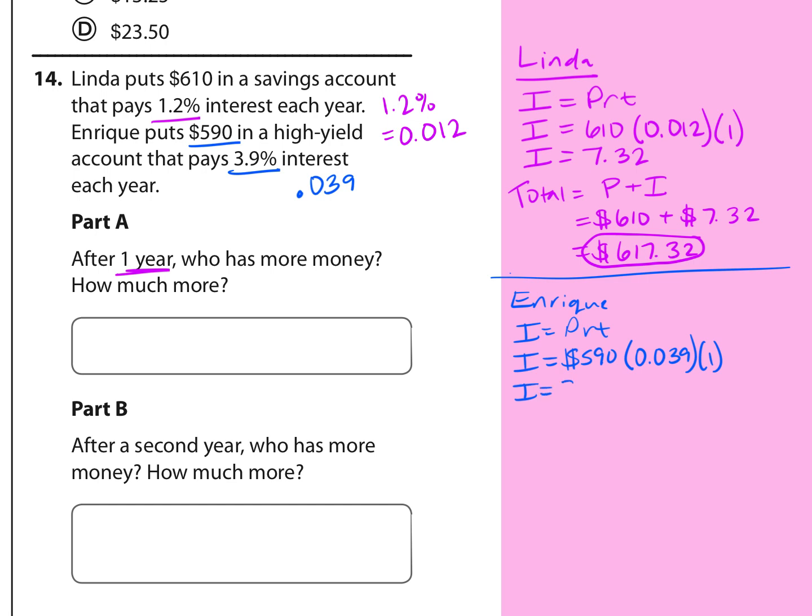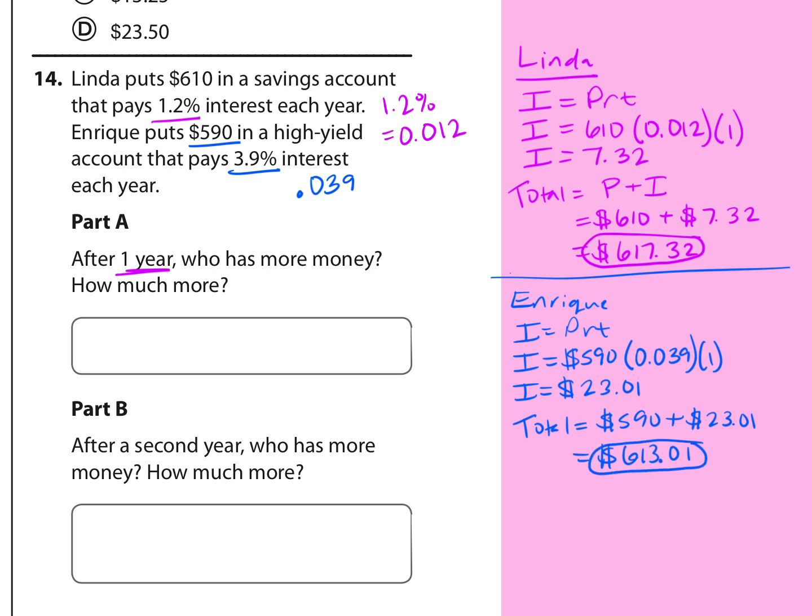So we multiply that out, and we get $23.01. Now to get his total, we'll take the principal, $590, and add the interest, $23.01, to get the total, $613.01.